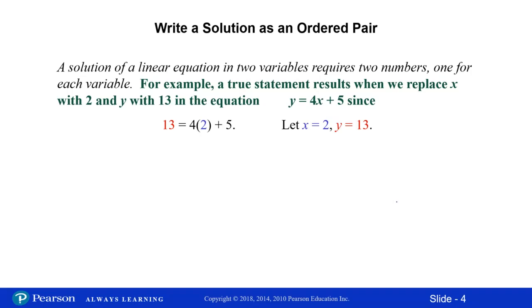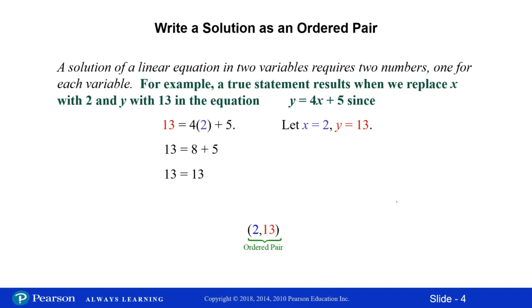Everywhere it says y, I write 13, and everywhere it says x, I put the 2. This gives me 13 equals 4 times 2, which is 8, plus 5. And therefore, both sides come out to be true. This is happening when I'm replacing my x by 2 and y by 13.